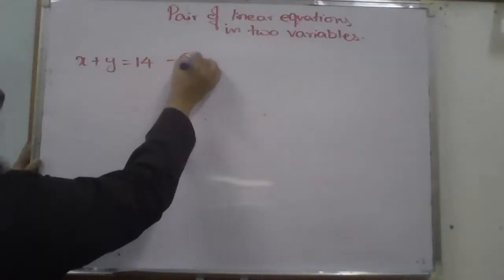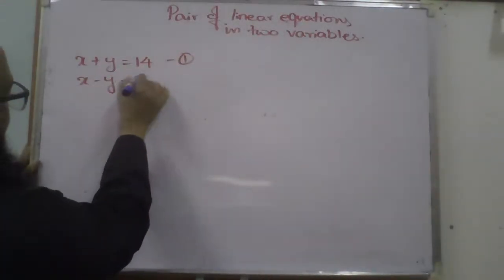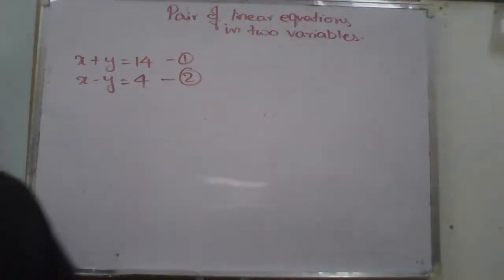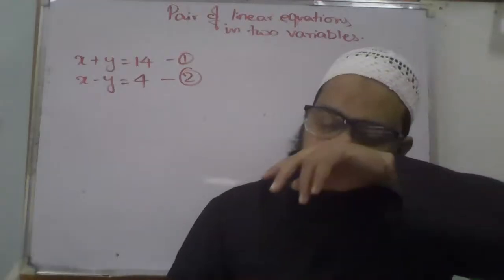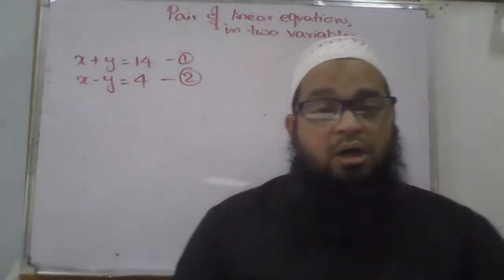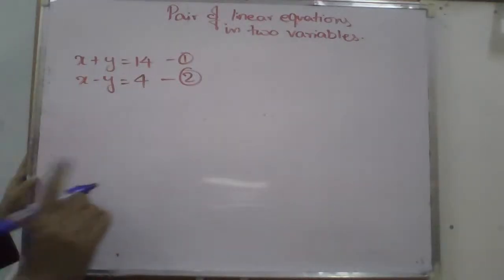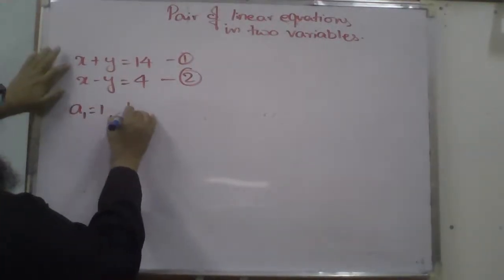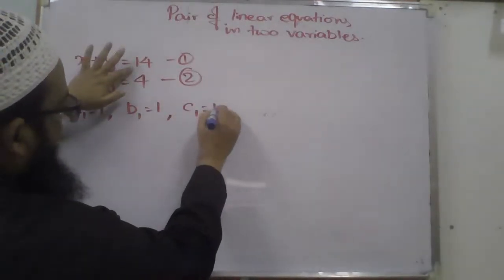This is the first equation, and the next one is x minus y equals 4. This is the second equation. So we have to find out whether they are intersecting, parallel or coincident. How to do it? First write a1 is equal to 1, b1 is equal to 1, and c1 is equal to 14.